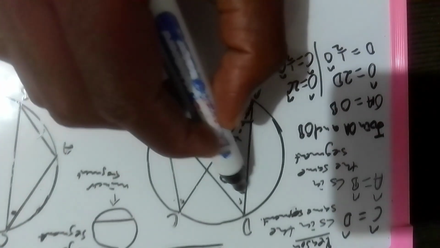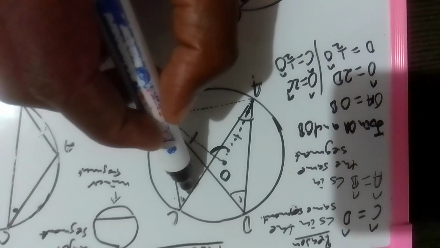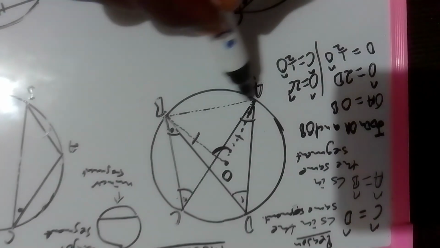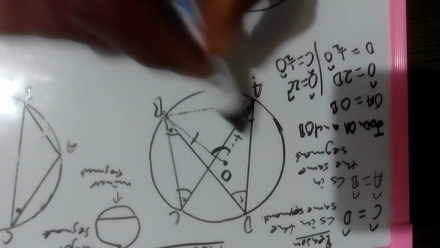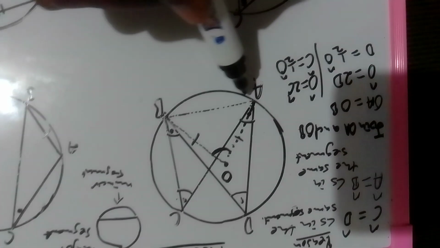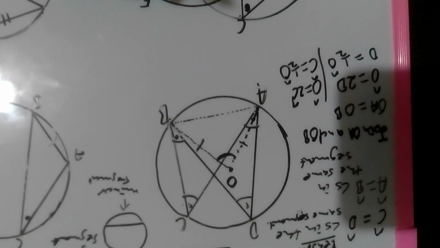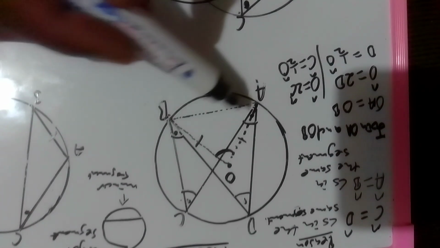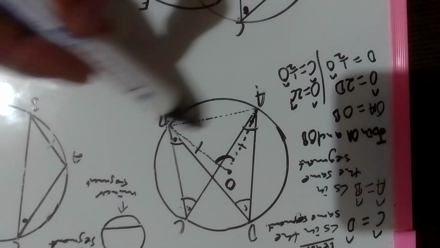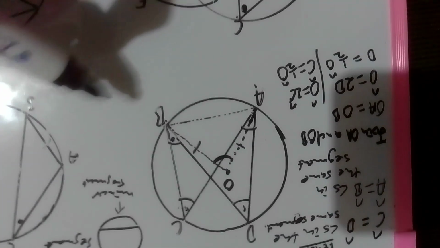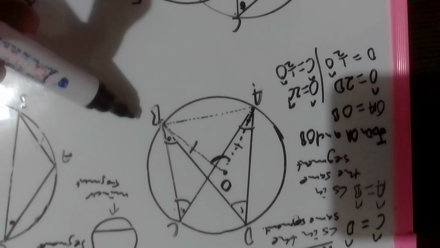And we found that angle D here is equal to angle C. And all of these 4 angles that we found are equal to each other, what happens? They are in the major segment. So we've got a converse which says that if you have 4 of these angles in the same segment, it means that you've got a concyclic.